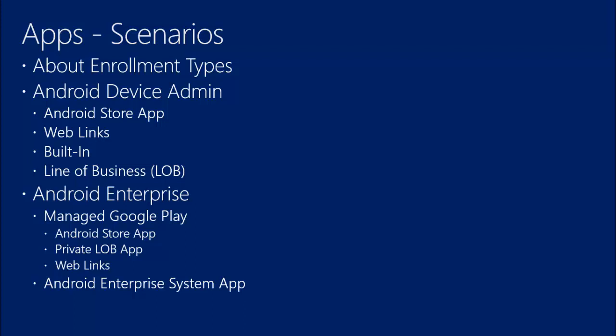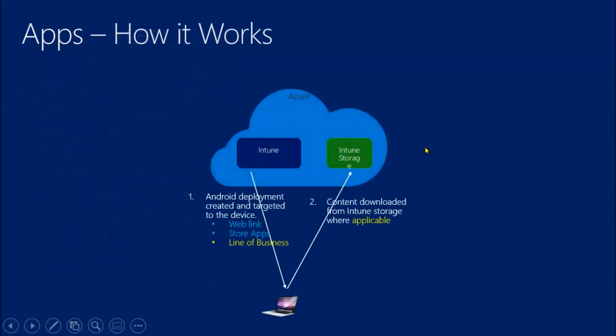Under Android Enterprise, there's Managed Google Play, which has Android Store apps, private line of business apps, and web links. And then there's Android Enterprise System apps, right? Now I'm going to show you most of those. The 2 that I probably won't show more than just the configuration are the built-in and the Android Enterprise System app. But that said, and this actually probably should straddle both, but anyway, we'll move ahead.